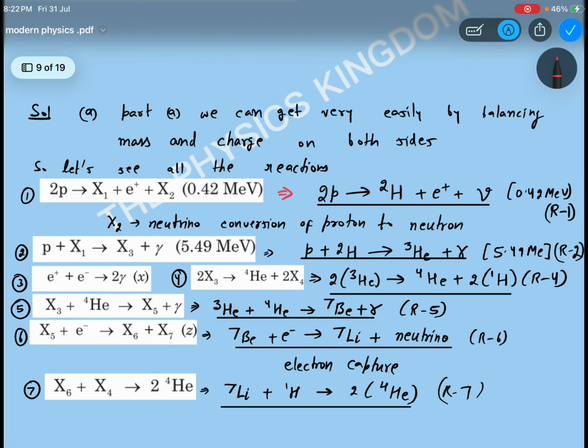Okay, beta. So like 2p, this positron is coming out, and then I'm doing charge balance and mass balance. So what I'm getting by charge balance, I'm getting here 1. So hydrogen with mass number 2. Okay, so 2H, deuterium. Now X2 is what, beta?